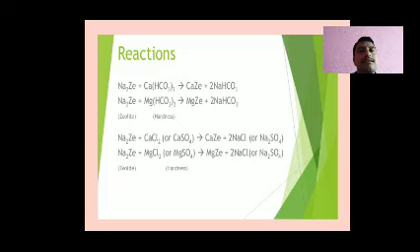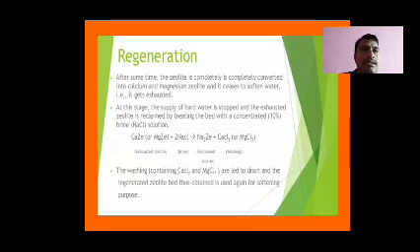Sodium zeolite reacts with calcium chloride to form calcium zeolite plus NaCl. Sodium zeolite reacts with magnesium chloride to form magnesium zeolite plus sodium chloride. These sodium chloride ions do not cause hardness of water.